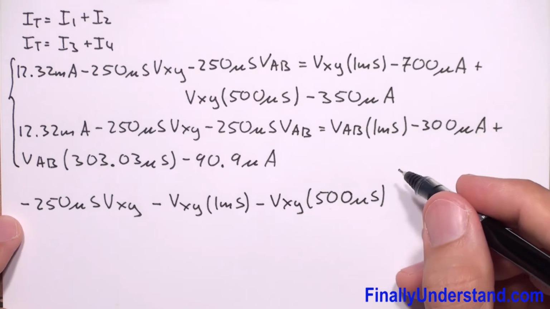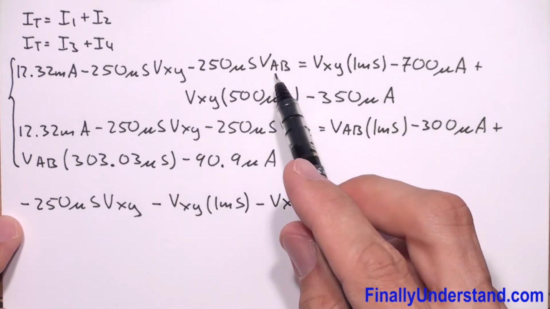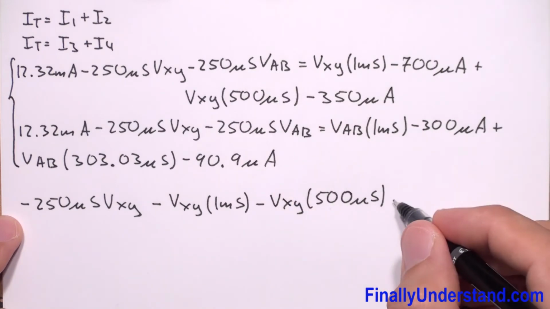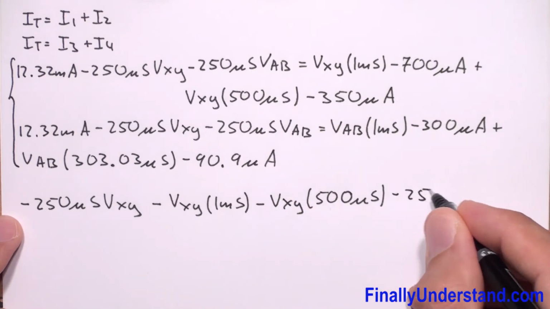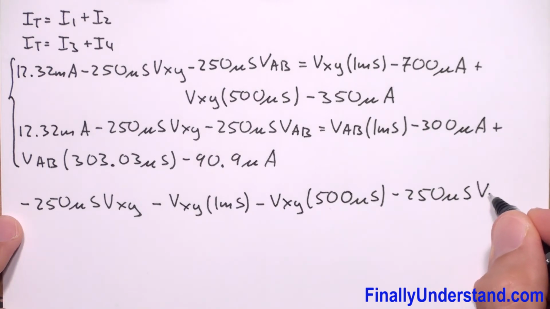Next I have negative 250 microsiemens VAB.